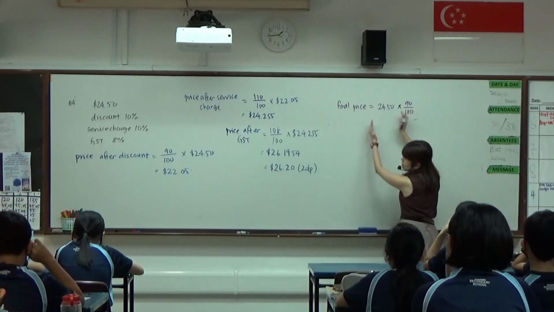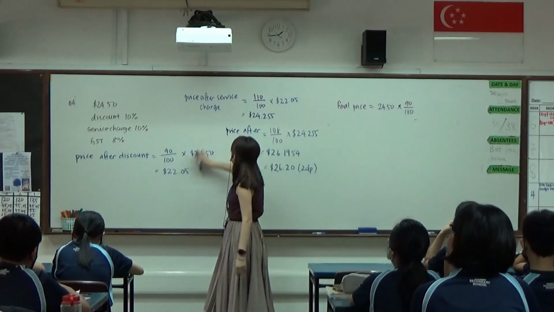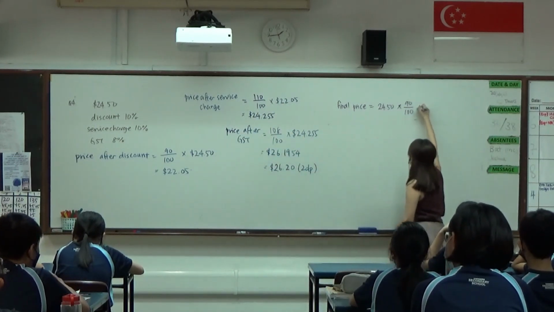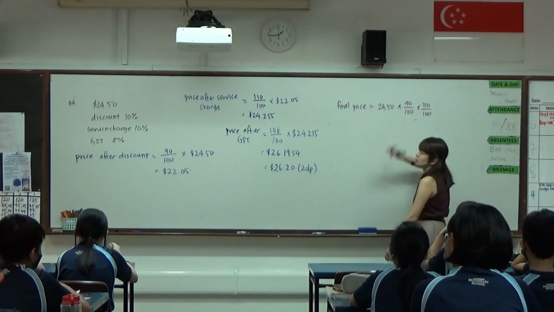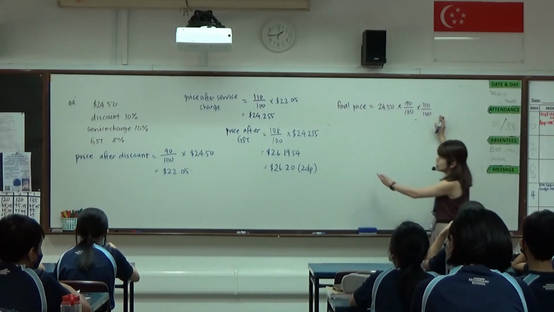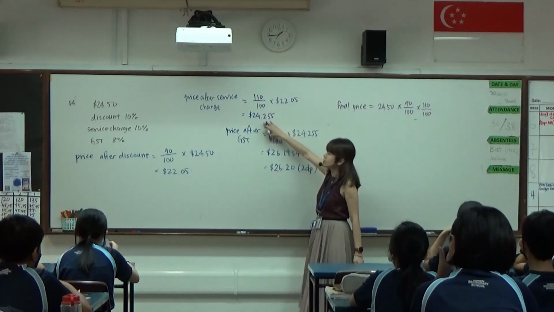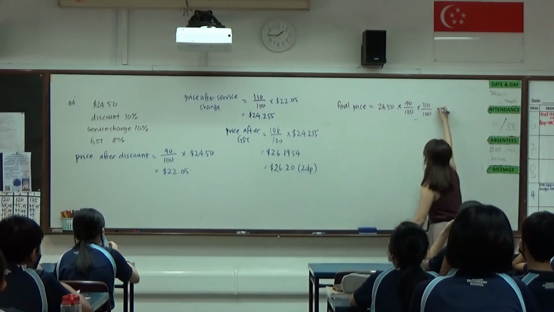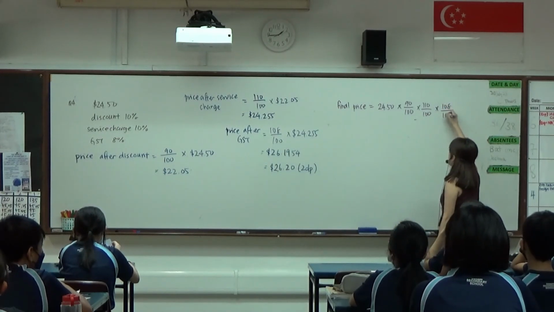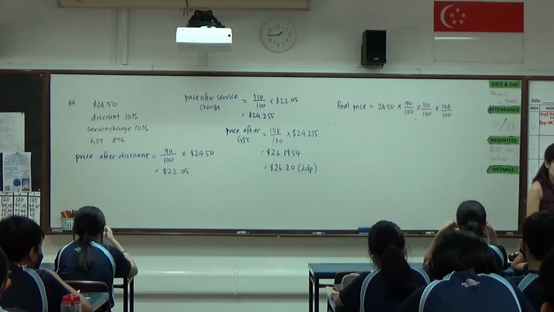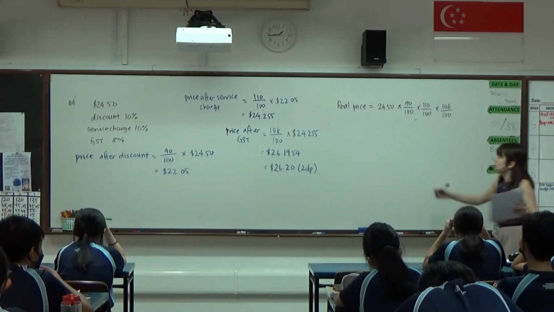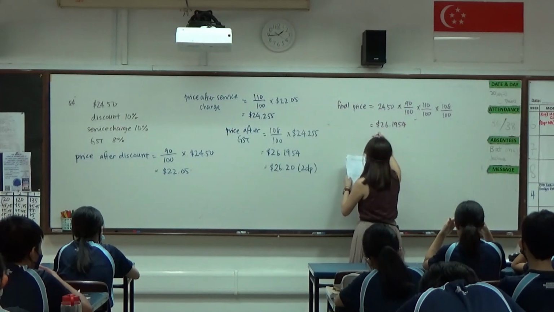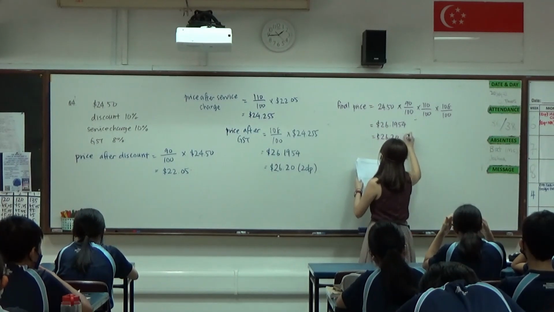Then with this answer, $22.05, I later multiply by 110%. After that, I get this number, and I multiply by 108%. So you may write it in this manner as well, and we will get the same answer of $26.20.